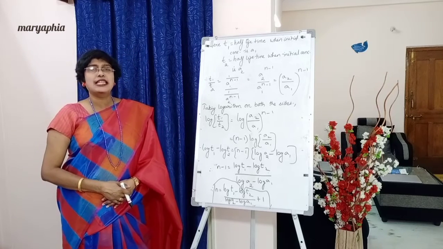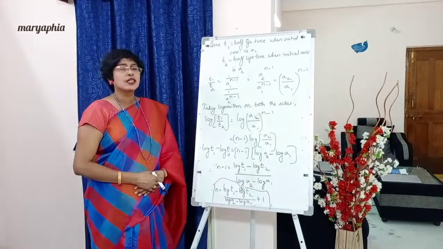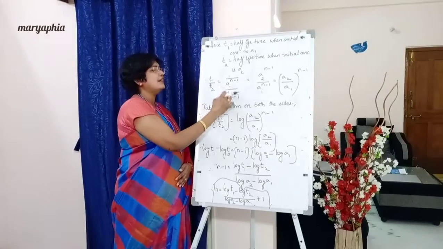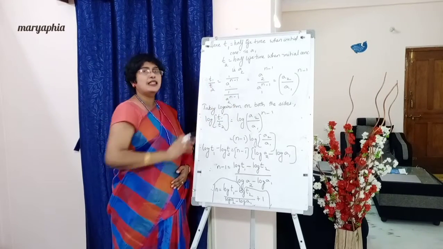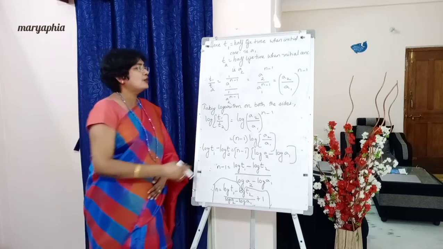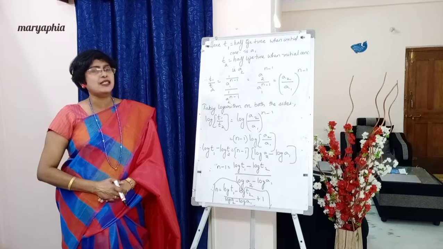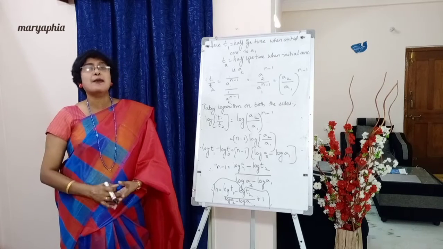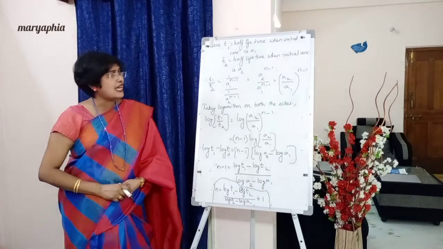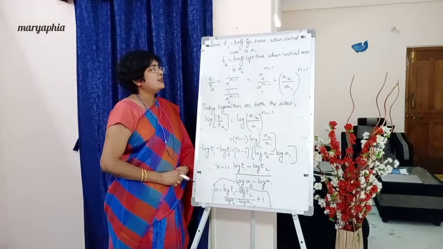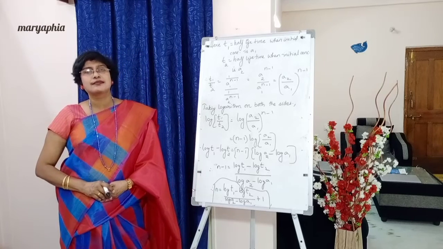Now a2 has power n minus 1, a1 also has power n minus 1, so together we can write it as a2 by a1 whole power n minus 1.